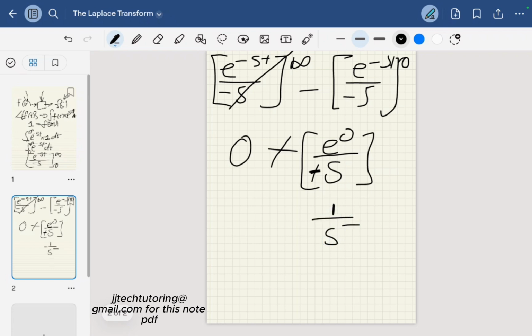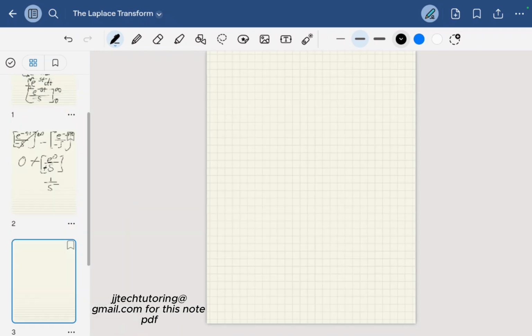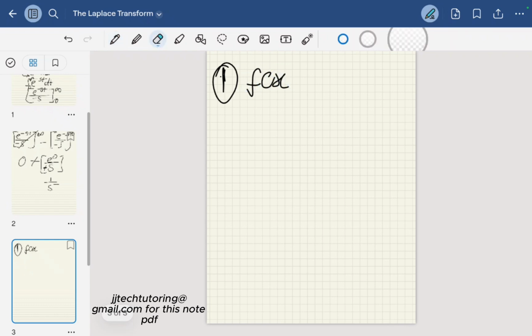I'm still going to give you examples now. This does not make you an expert. Example number one: find the Laplace transform of f of t equals 4 minus t.